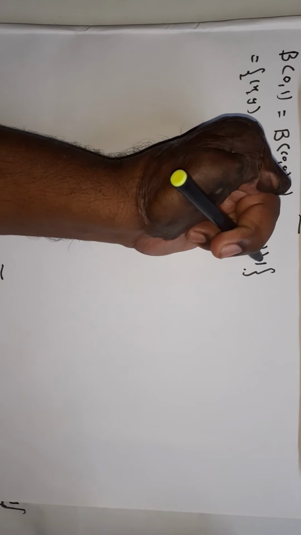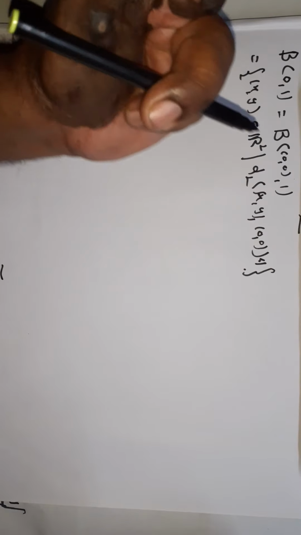Now see here, the open ball centered at the element 0 and radius 1 is the set of x, y belonging to R2 such that the d2 distance between x, y and 0, 0 is less than 1.